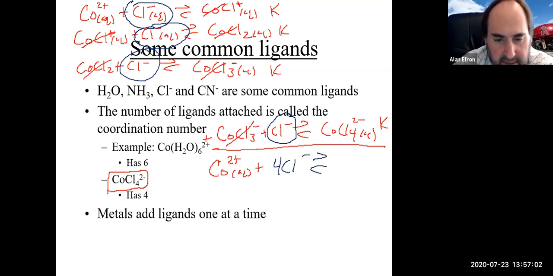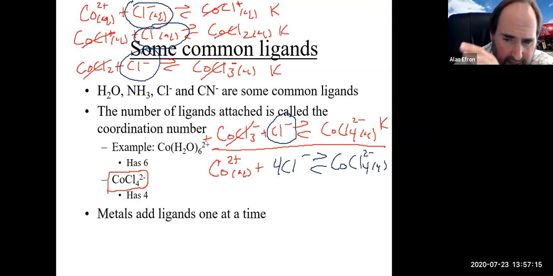And the only thing left on the right-hand side is our complex ion, all said and done. So sometimes we think about the overall reaction, and especially in these KF problems, sometimes you do have to think about it in a stepwise fashion to get there.